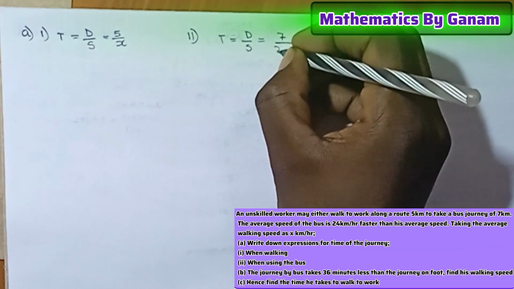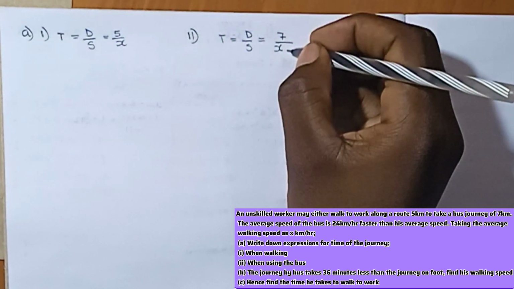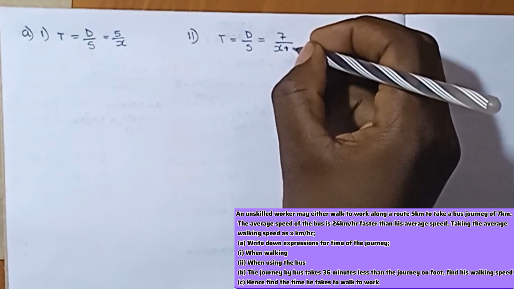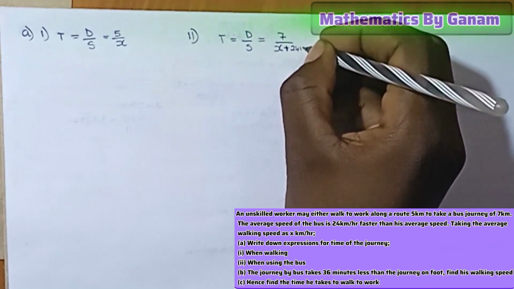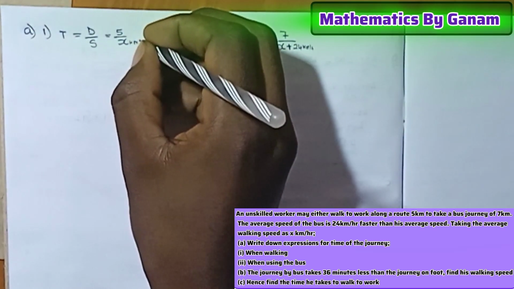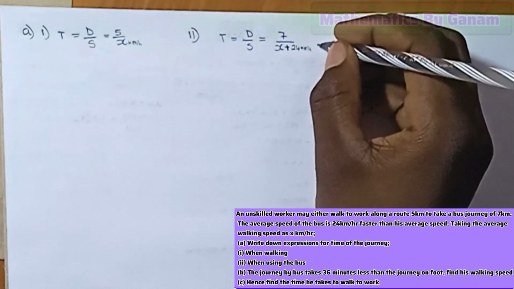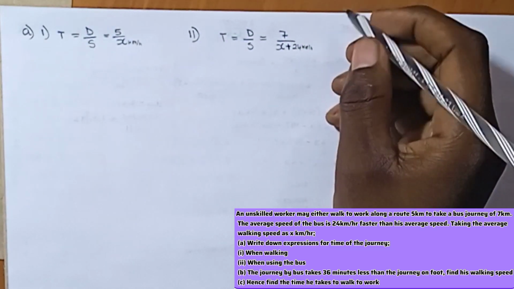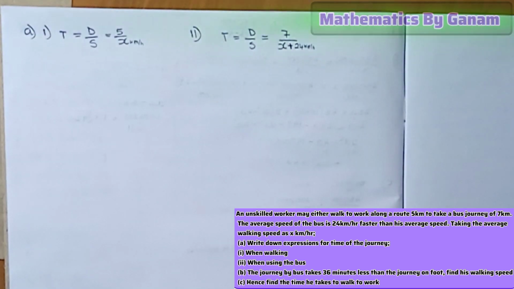The initial speed while walking is x kilometers per hour, but the bus is 24 kilometers per hour faster, so we use x plus 24 kilometers per hour. The unit here is hours, so it is 7 all over x plus 24 hours. These are the two required answers for question A.